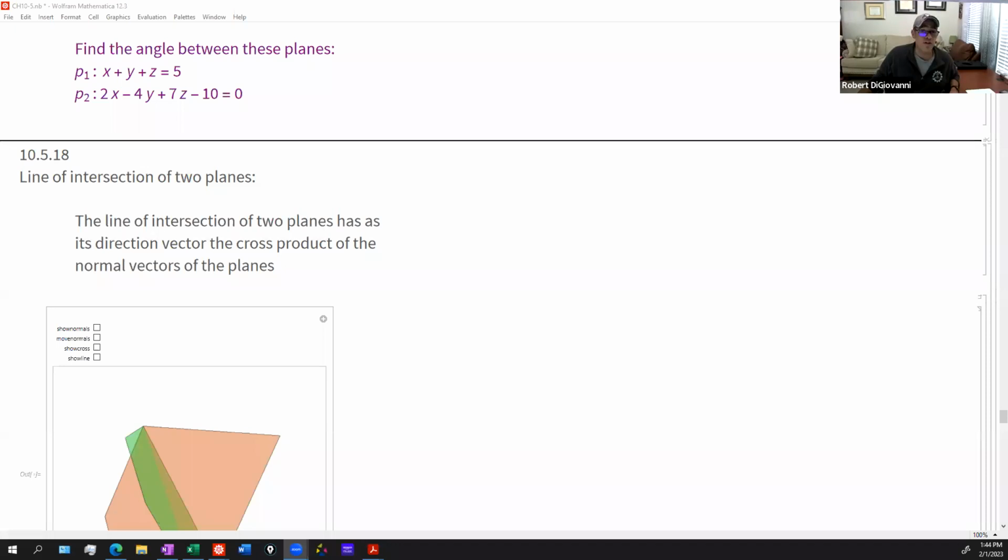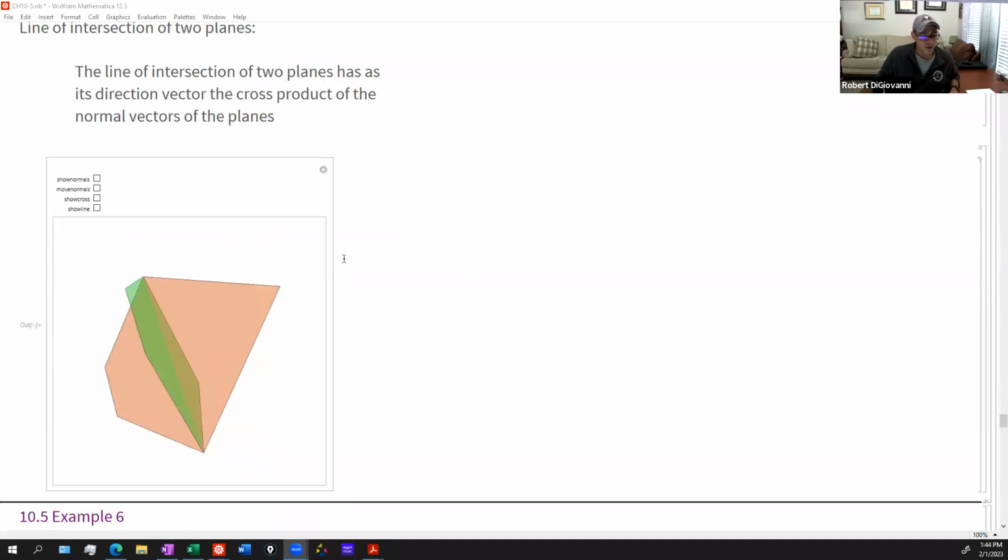I'm just talking about two planes right now. If there's any tilt to one of them that's different than the other, then we're going to have an intersection that is a line. And that's what we're about to investigate: can we actually come up with the vector equation of that line?